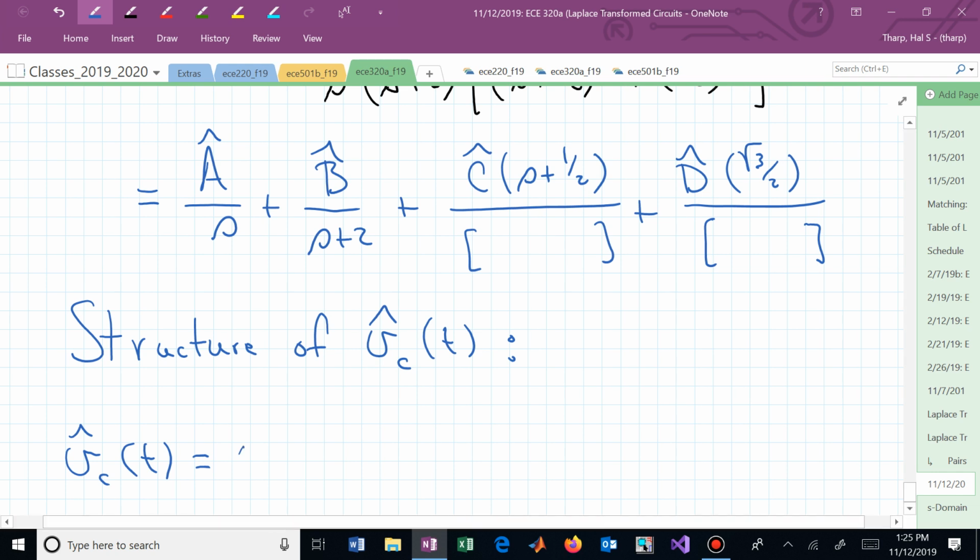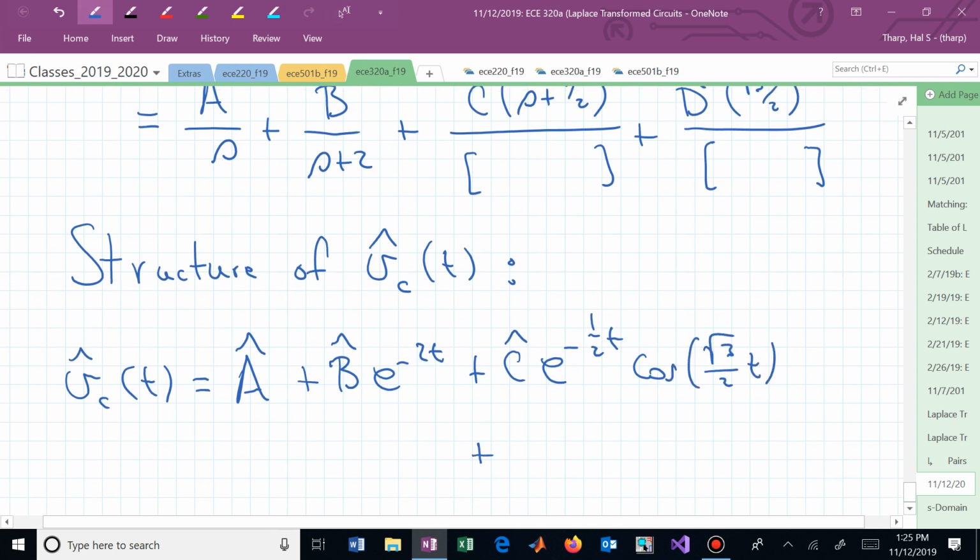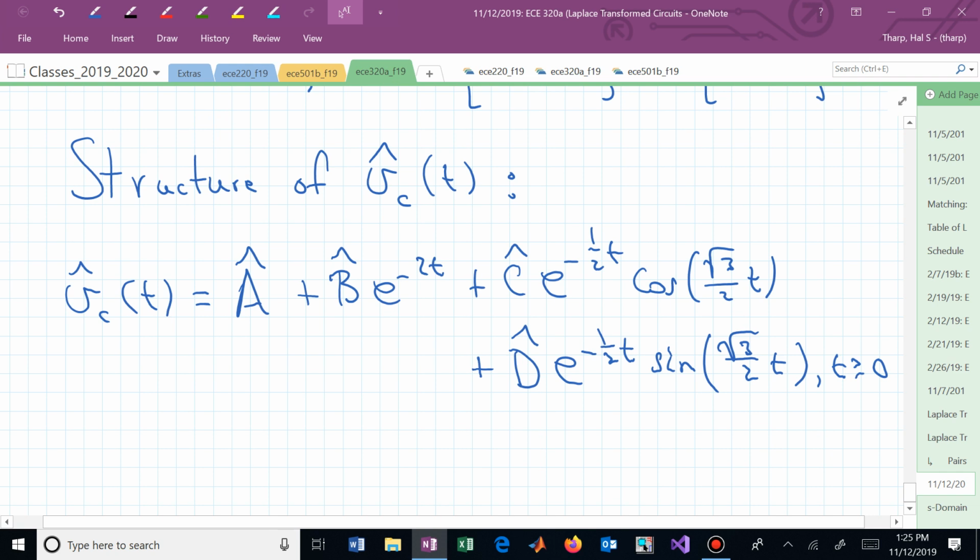So now we have an A hat, don't we? Just a constant. Plus a B hat, e to the minus 2t, plus a C hat, e to the minus 1/2 t cosine, square root of 3 over 2t, plus a D hat, e to the minus 1/2 t sine. Could we find A hat?